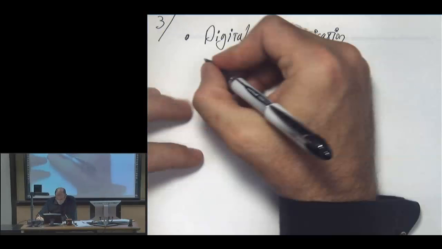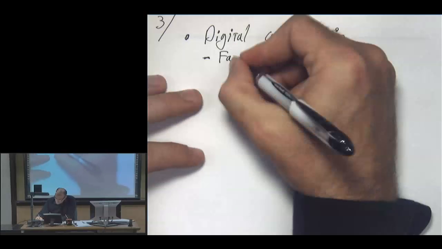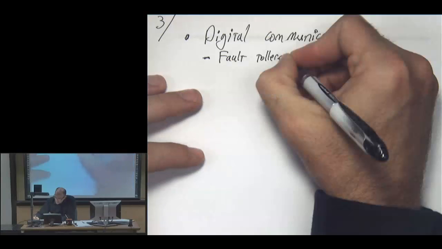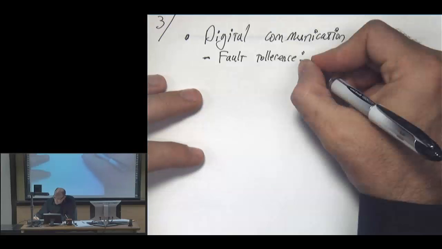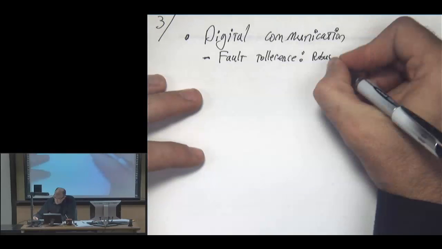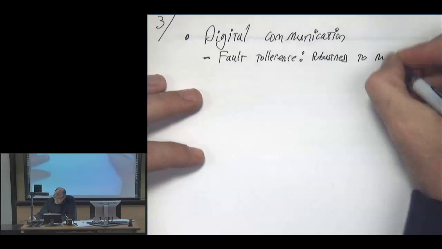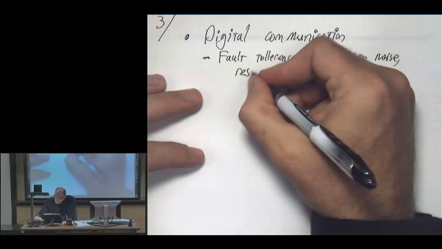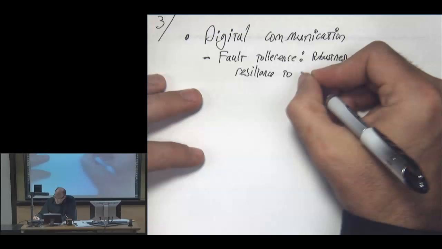So first of all, we had the point already mentioned, fault tolerance. This really amounts to a couple different points. There's robustness to noise and more resilience to analog imperfections.